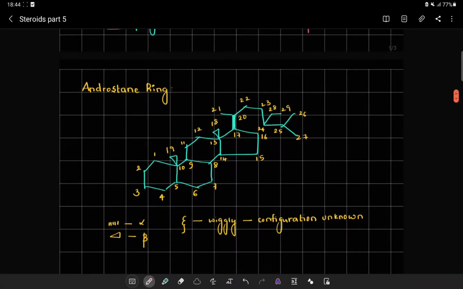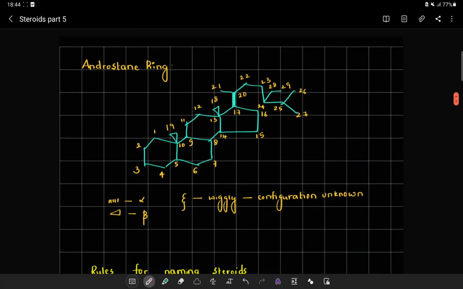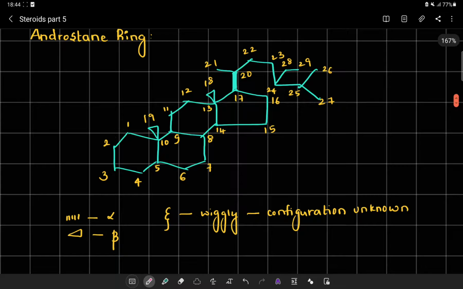Now, one important aspect in understanding the cholesterol system, or any type of steroidal system, is that we have to look at the basic compound we need to consider, based on which the nomenclature is given. The structure of steroids is based on a tetracyclic androstane ring system.